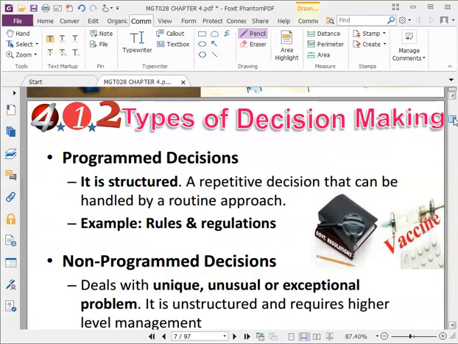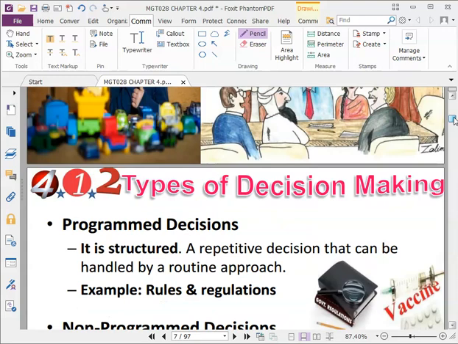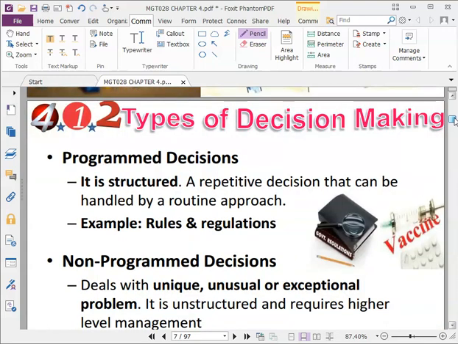So actually, right, decision making, we have two types, right? The first one, okay, actually, this type of decision making that always used by the management. Okay, kena ingat, dia yang kita selalu gunakan dalam management ataupun organisasi. Okay, the first one is program decision.